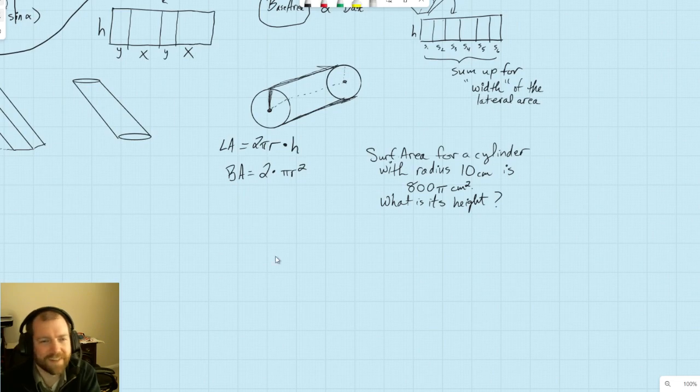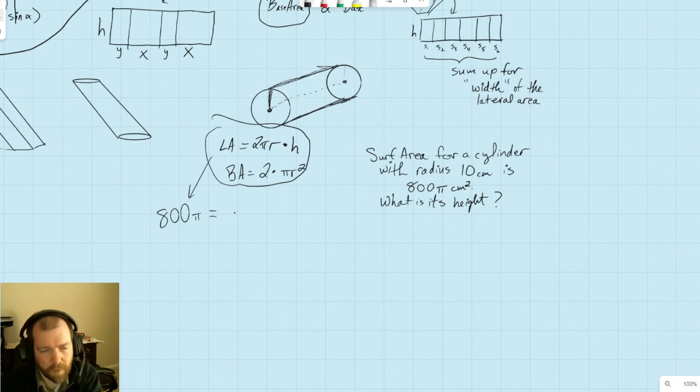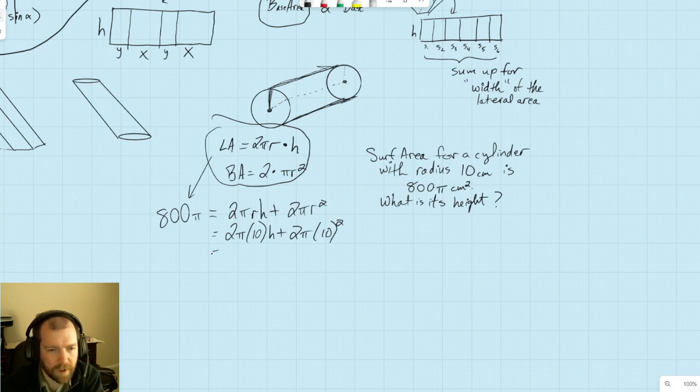All right, so coming back. What we're saying is that the two summed up is going to get us our 800 pi centimeters. So that's 2 pi r h plus 2 pi r squared. R was 10, so 2 pi times 10 times h plus 2 pi 10 squared. Which then gets us here: 20 pi h plus 200 pi.